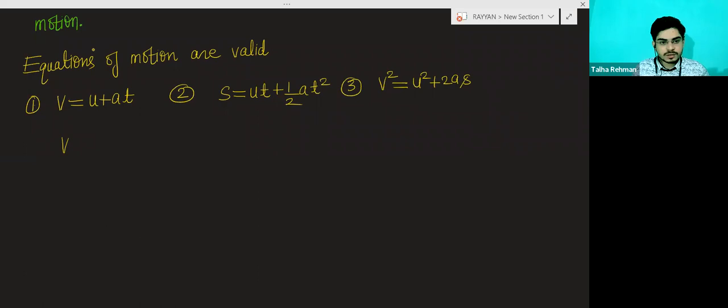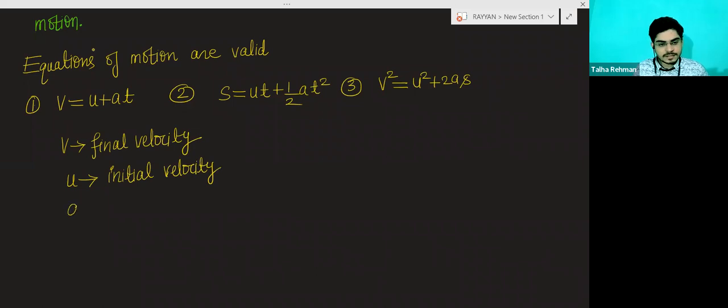v is the final velocity. Small u is the initial velocity. And a is the acceleration, and this acceleration is constant.